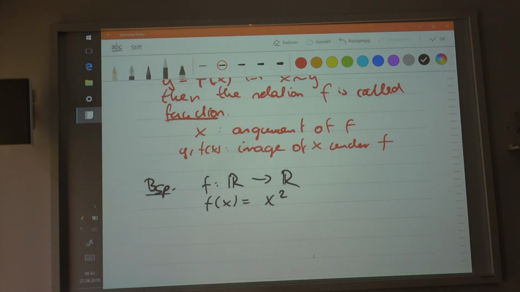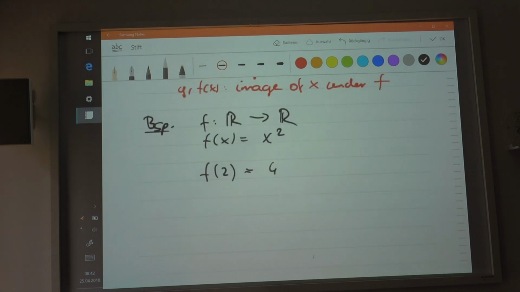You already know that if you put 2 into the function, then you get 4. So this means that the image of 2 is 4. This is the example that I gave you. I hope you understand that. So 2 is the argument, the image is 4.